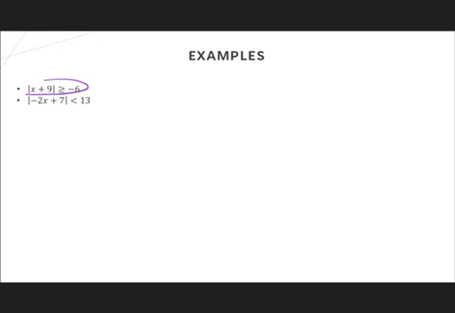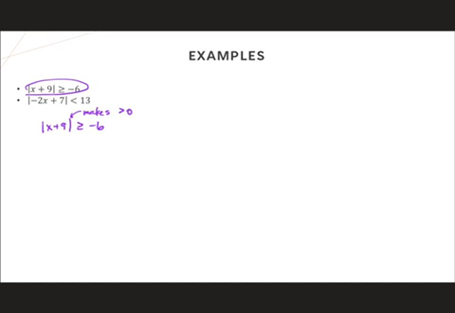Let's say the absolute value of x plus 9 is greater than or equal to negative 6. The point of absolute value bars is to make things positive, so whatever I plug in, the absolute value is going to be at least 0, which means it's always going to be bigger than negative 6. So I don't have to do any algebra here.